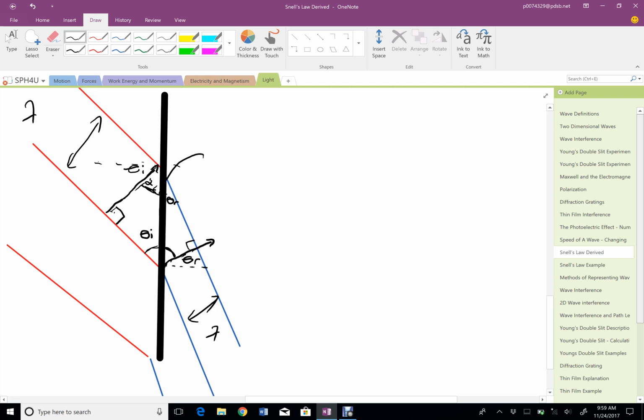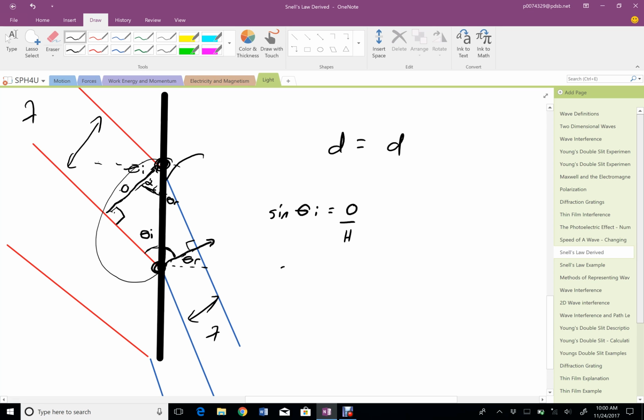Now let's move over here so that we have some space to work with. What we're saying is that this distance starting here and ending here is common. I'm going to call that distance d, and say d equals d. Now in this triangle, that d is the hypotenuse. So sine theta I is equal to the opposite over the hypotenuse.